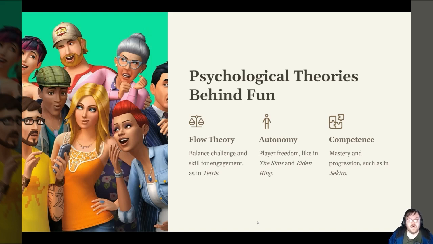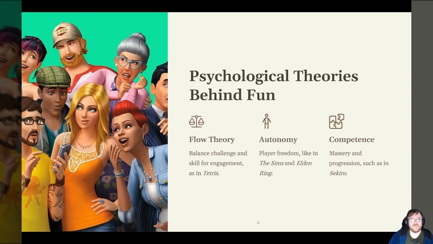Next up is autonomy theory, a theory that you have freedom for what you're doing, a freedom to do what you want to do in a game. So games are designed with this in mind, whether it's something like The Sims, where you can have your characters do whatever you want them to do, and be whoever you want them to be.